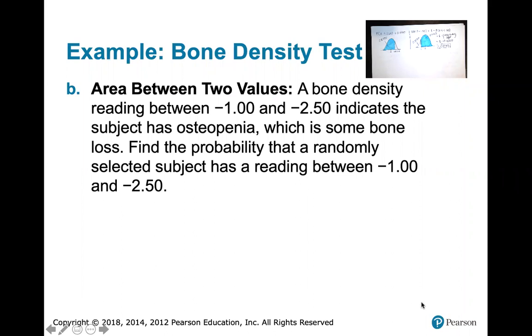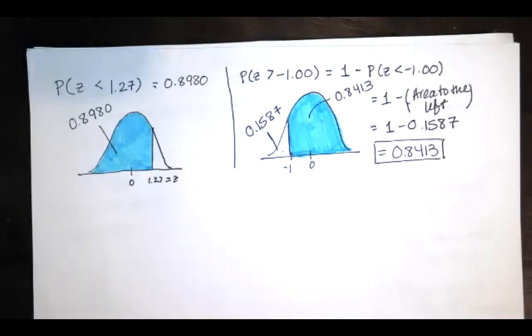So if somebody has a score between -2.5 and -1, then they have some bone loss. The question asks us to find the probability that a randomly selected subject has a reading between those two values, or in other words, find the probability that one of the people coming in for this test has some bone loss. We want the Z-scores to be between -1 and -2.5.